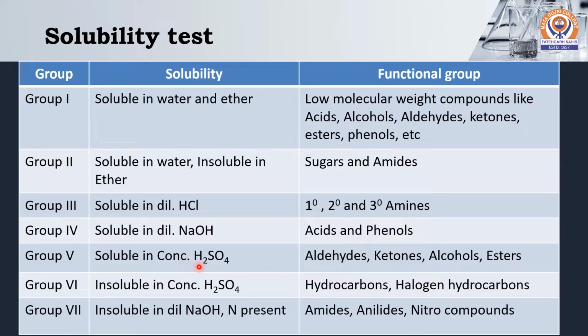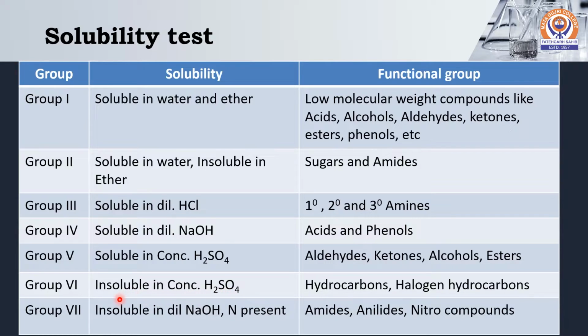We will try to solubilize the compound in concentrated sulfuric acid. If it gets solubilized, then it can be aldehyde ketones, alcohols or esters, provided nitrogen is absent. If it is insoluble, that can be hydrocarbons or halogen hydrocarbons.